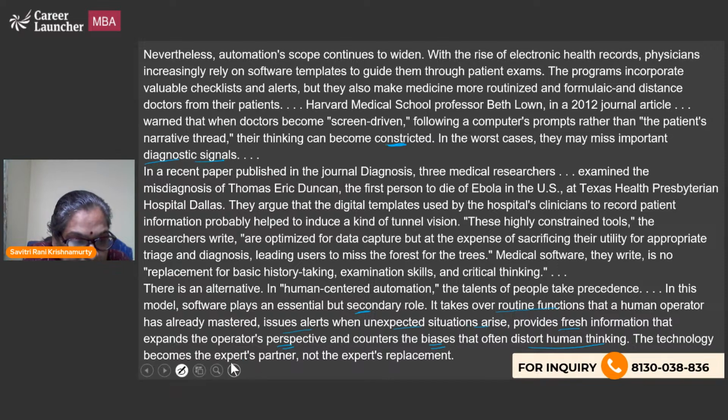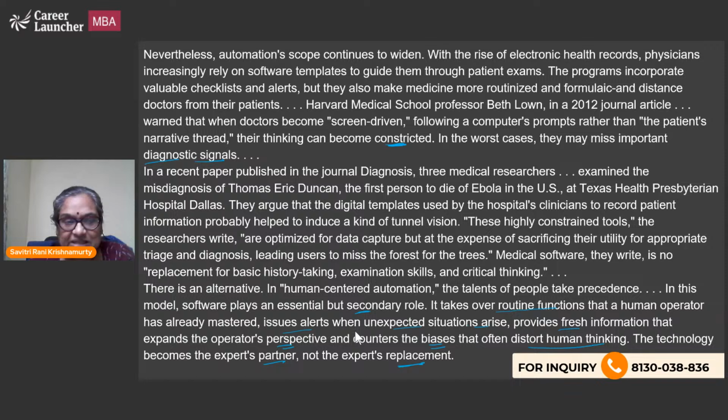Technology becomes the expert's partner, not replacement. Software can do the routine functions, and it will help the doctor come to a diagnosis. It will not replace the expert. The expert can use software as an aid to help him diagnose and treat the patient.